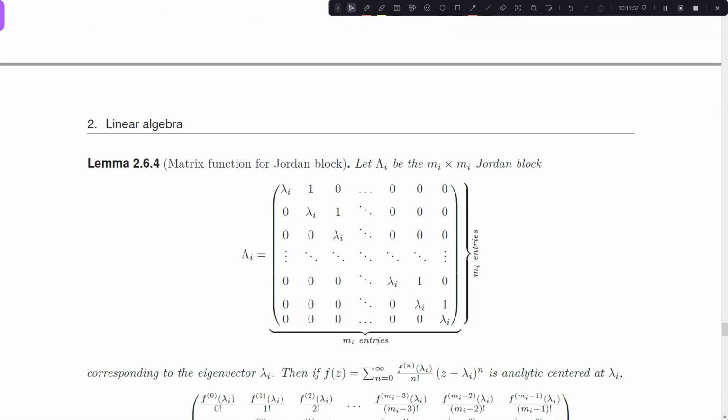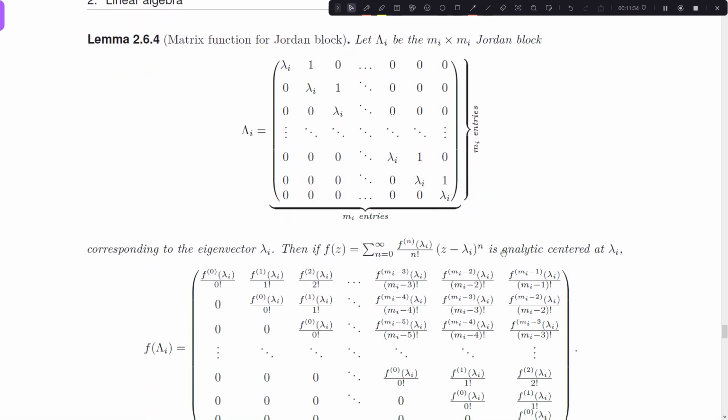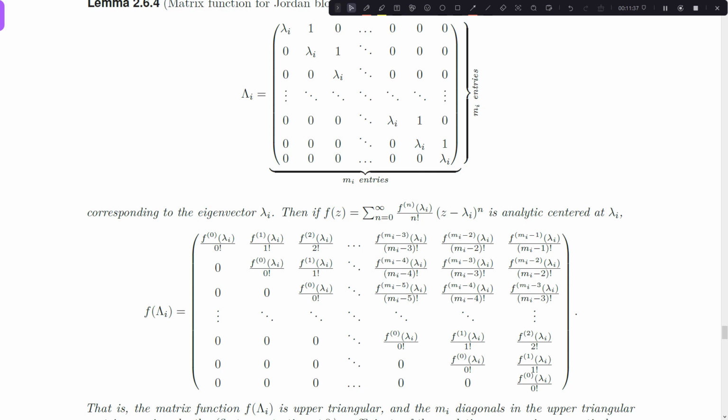If I take a function and I compute it on a Jordan block, it's not that hard to prove that the function of a Jordan block is precisely this upper triangular matrix, which I know looks really ugly, but when you start to think about what it actually is, you realize that it's not that ugly. So it looks horrendous, but then we'll talk about what it actually is.